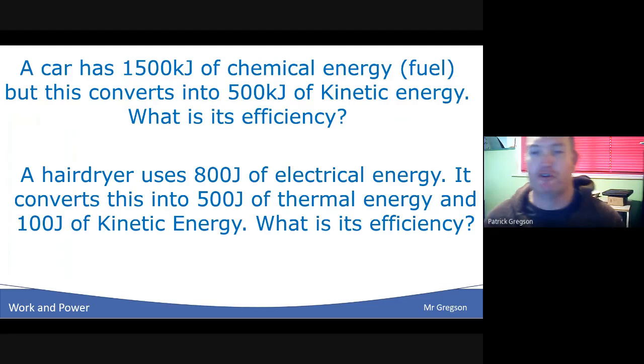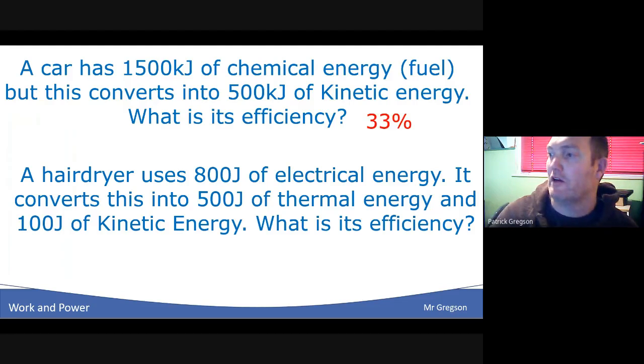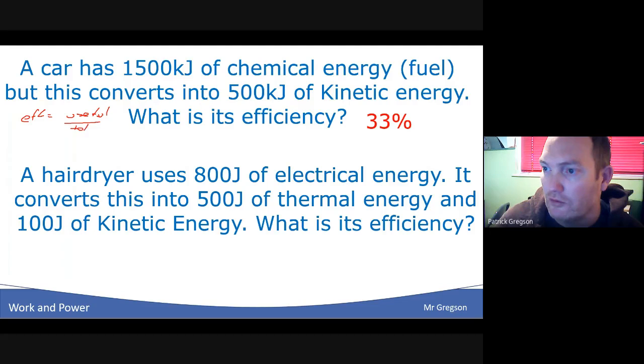Okay, I think we've got a majority of people there. If you put your hands down for me, I'll put the answer up for the first one. Okay, so it should have been 33%. And the way I would expect to see the working out would be literally to write the equation useful divided by total and then stack it underneath.